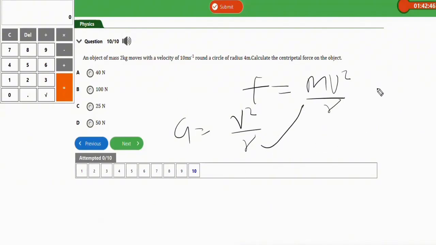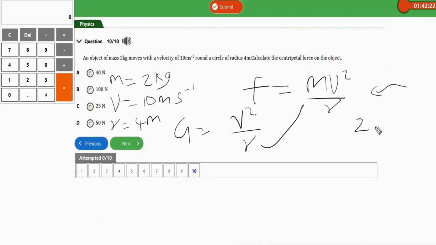Since we are looking for centripetal force, and in this question we have our m to be 2 kg, our v to be 10 meters per second, and our r, the distance, to be 4 meters. When you plug these values into this expression, we have our mass, 2, times 10 squared, over 4.